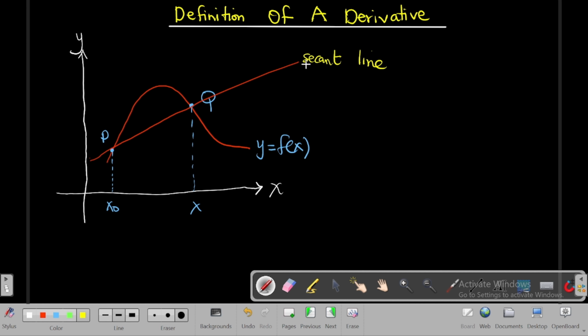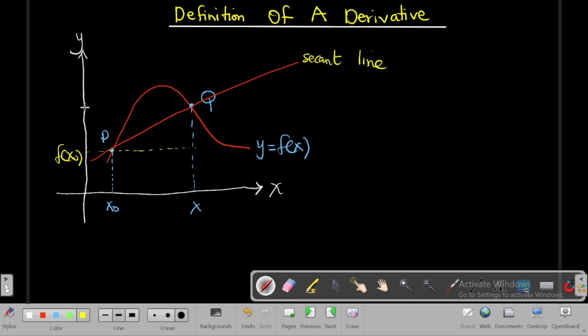A secant line is a straight line that intersects a curve at two or more distinct points. Now, once we have established the secant line, let's write the value of the coordinates of the y function. If this is x naught, then since y is equal to f of x, the value of this particular point on the y-axis will be f of x naught.